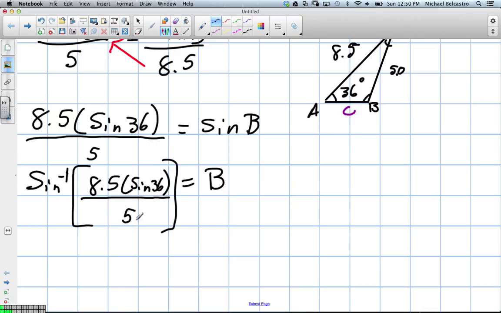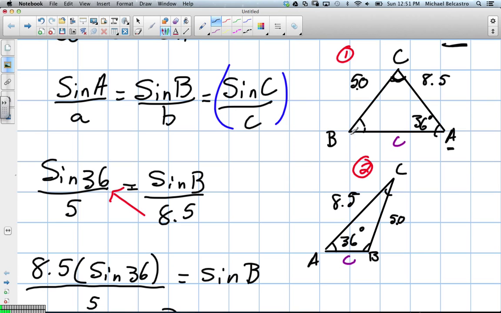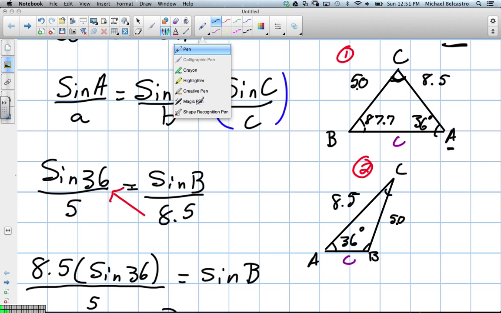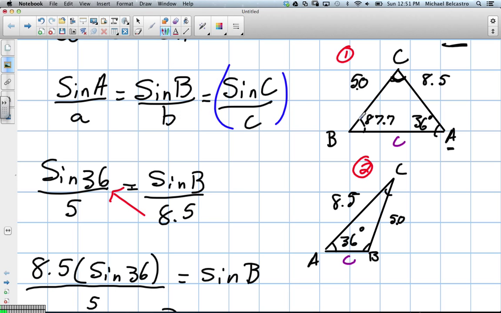What did you get as an angle in this case? 87.7. 87.7. Okay, so our angle B here, 87.7. Okay, now this one looks odd for it to be, well actually no, it is an acute angle, though it's not really drawn to scale.